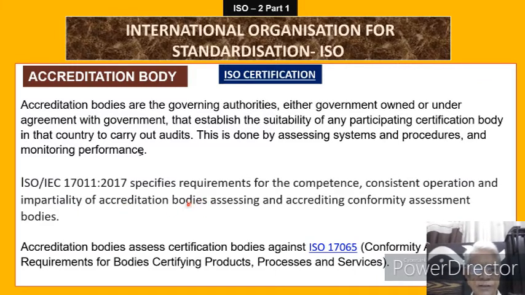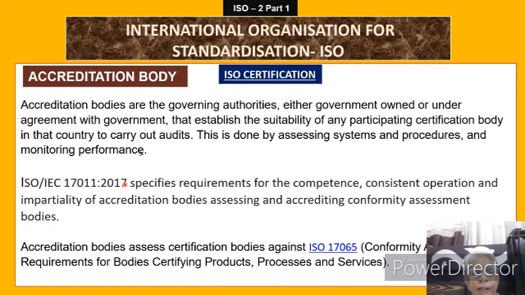Means these accreditation bodies, which accredit certification agencies for going for further audits, have to follow this particular ISO standard. Now AB is governed by this ISO/IEC 17011:2017. And in turn, the certification bodies have to follow their own ISO standard. This stands for certification bodies, whereas this stands for AB, accreditation bodies.